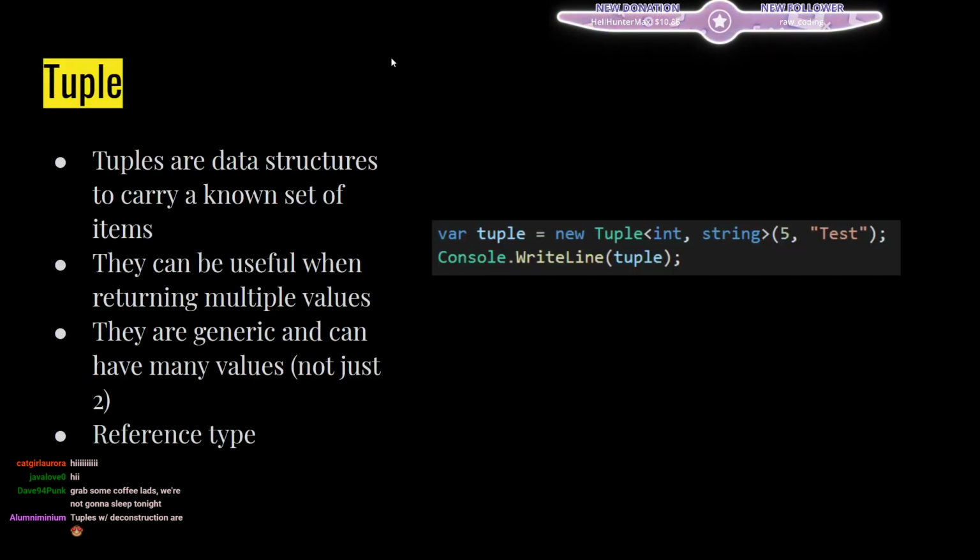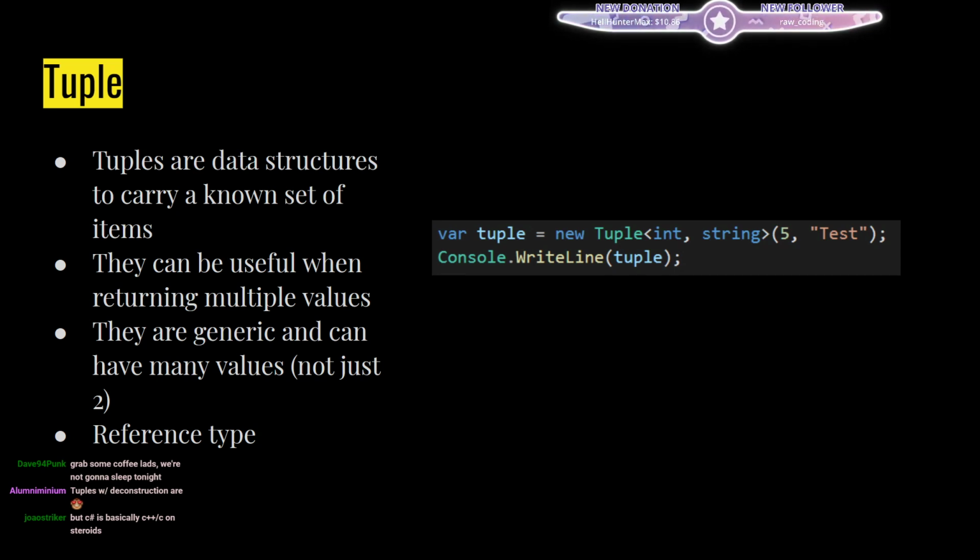Let's start from tuples. A tuple has been in C# for a while now. I won't say the exact version, but essentially it is, instead of an array, you can have a data structure which holds a bunch of values, 2 or more values in a shape of properties or fields.